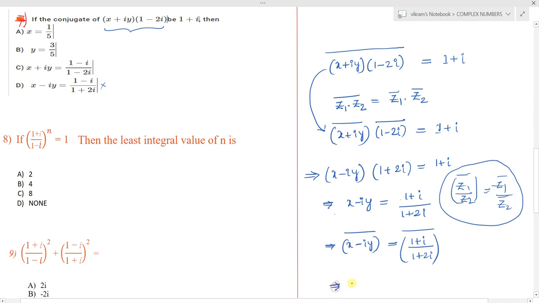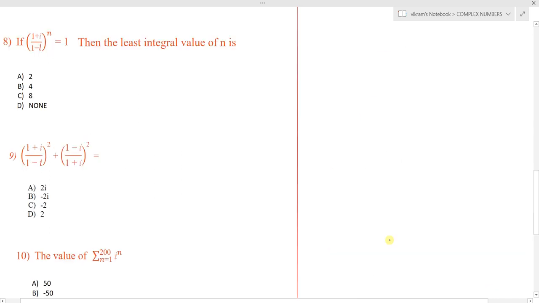So finally, x plus iy equals the conjugate of 1 plus i, which is 1 minus i, over the conjugate of 1 plus 2i, which is 1 minus 2i. So the third option is x plus iy equals 1 minus i by 1 minus 2i. This is the way of using the properties of the conjugate of a complex number.